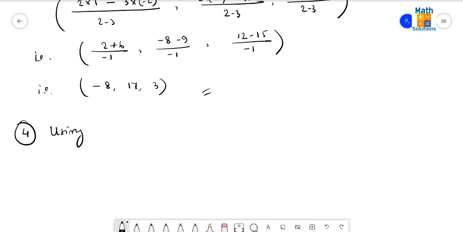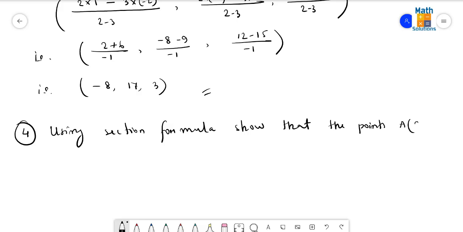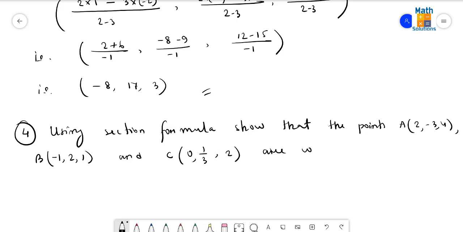Using section formula, show that the points A (2, -3, 4), B (-1, 2, 1), and capital C (0, 1/3, 2) are collinear.